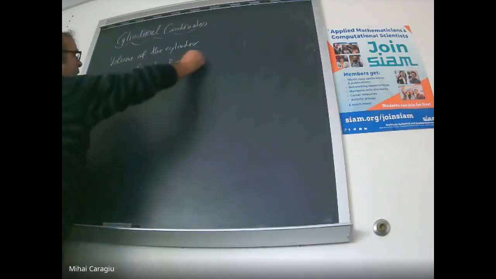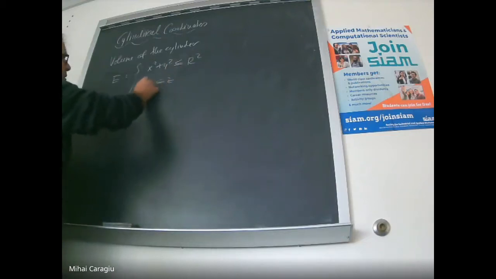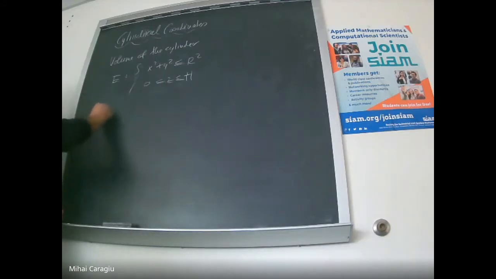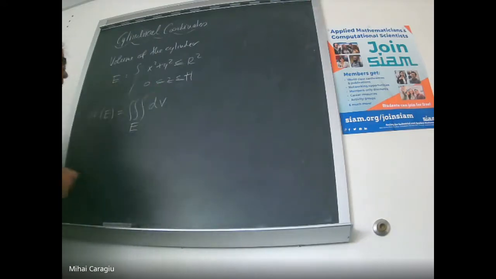So the cylinder, let's call it E, is x squared plus y squared less than or equal to R squared, and z is between 0 and h. What is the volume of this cylinder? The triple integral of dV over E is the volume of the solid E, right? So this is a triple integral.